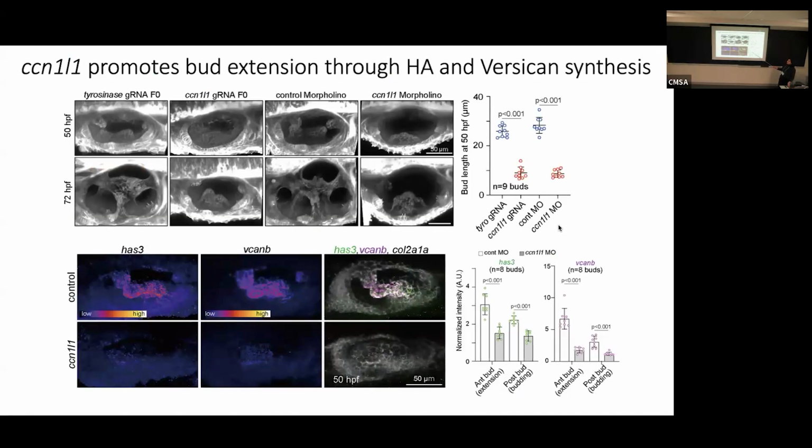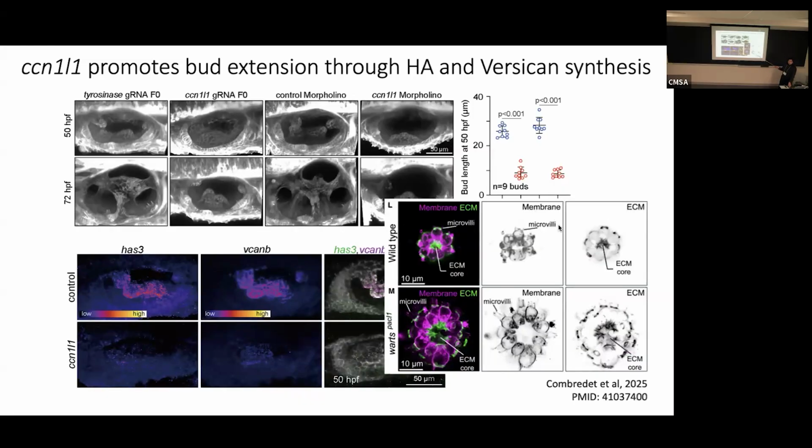We found that downregulating YAP or CCN1L1 abrogates morphogenesis. So the buds are much smaller, and they never manage to form these pillars that are ultimately demarcating the canals. And this is happening through the expression of hyaluronic acid and versican synthesis genes, such that when we downregulate CCN1L1, their expression level goes to background.